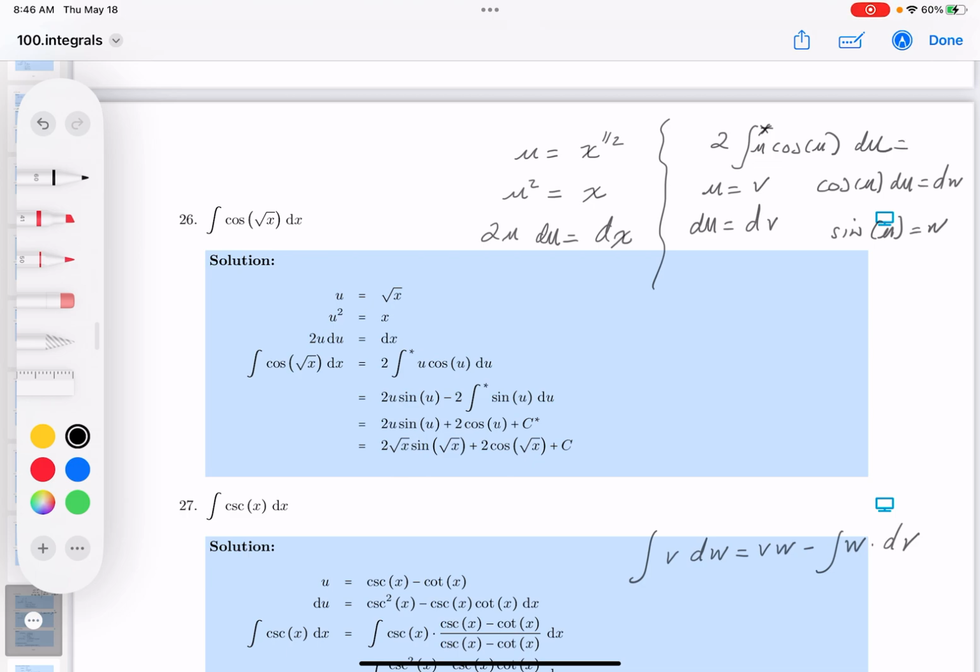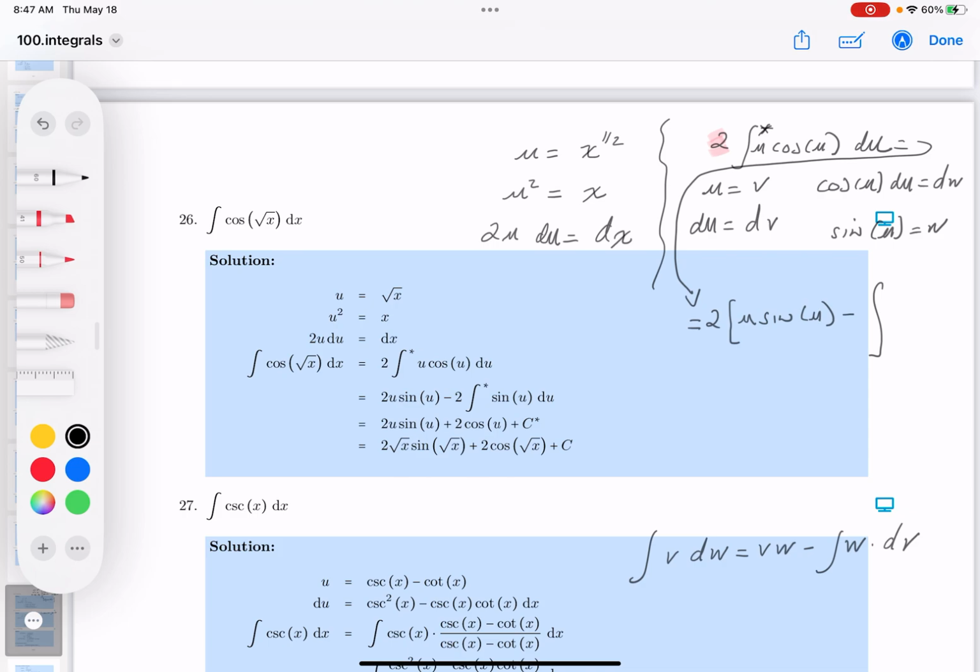Well, let me write this over here. It's going to be u sine u. There's a 2 there. I don't want to forget that. I often do that, by the way. So u sine u, minus, now what's the w?